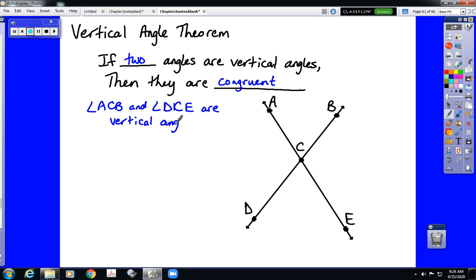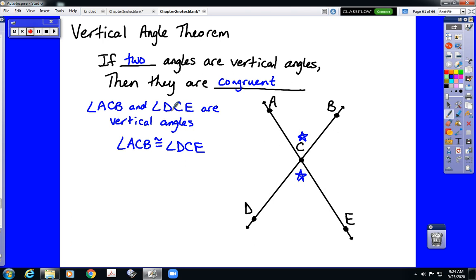They're not the only pair in that picture, but that's the top angle here and the bottom angle, those two angles, which means that angle ACB is congruent to angle DCE. That is what this rule says. And this fact that I messed up this C is really bothering me, so I got to fix that.